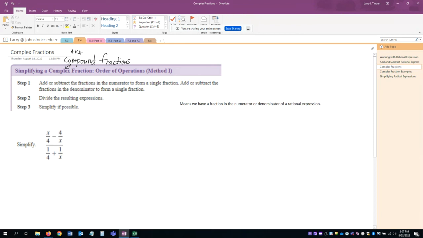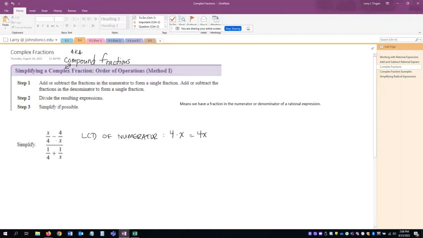So in the way it's written right now, I have two problems. I need to deal with the numerator, and I need to deal with the denominator. So I need the LCD of the numerator. The two factors that make up the numerator are 4 and x.